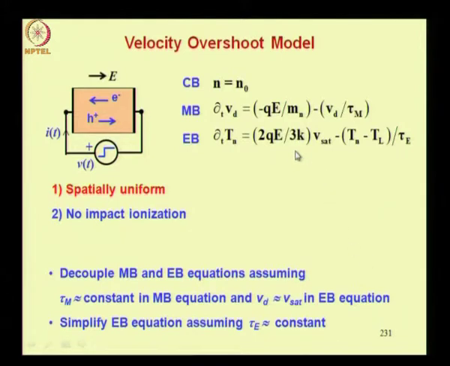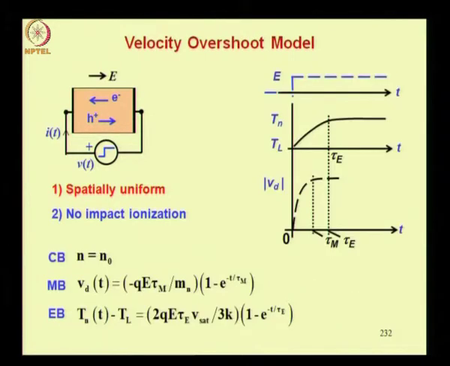Now we are dealing with considerably simplified equations. You can see that this is a simple first order differential equation, and its solution will be an exponential for Vd as a function of time. Similarly, this is also a first order equation in Tn, that is electron temperature, and it will also give you an exponential solution as a function of time. Now that is what is shown here.